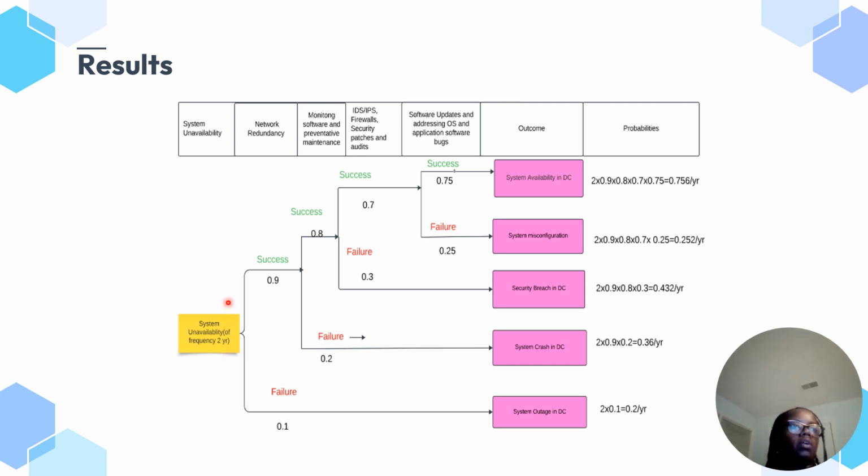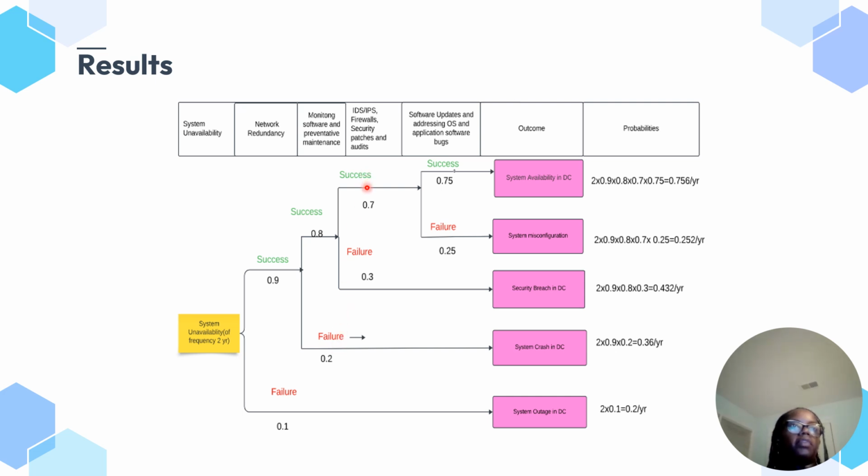And then once we have network redundancy as a result of a success, we had calculated the probability of 0.9, while the failure was found to be 0.1, where we lacked network redundancy. And then being able to monitor software and doing preventative maintenance, we had a probability of 0.8, while that of a failure of 0.2.